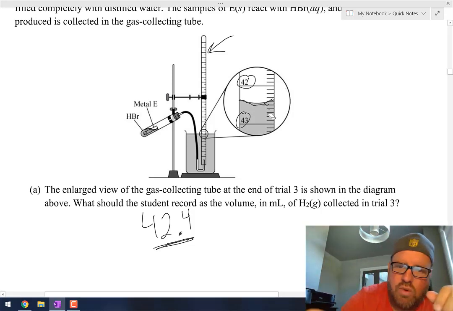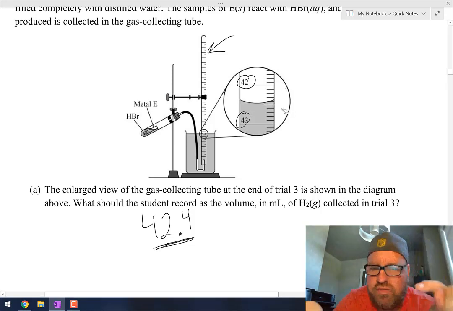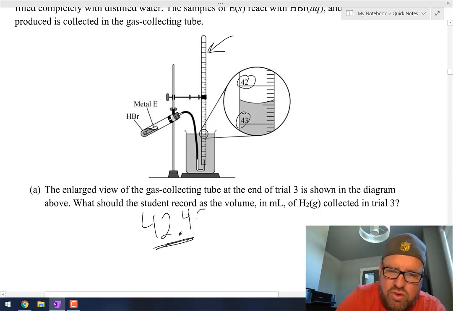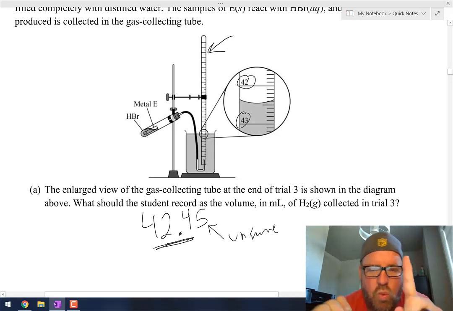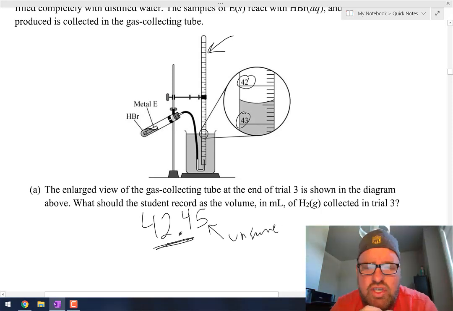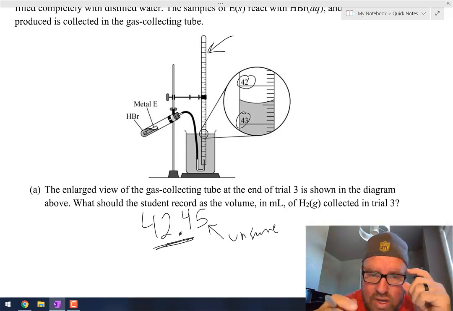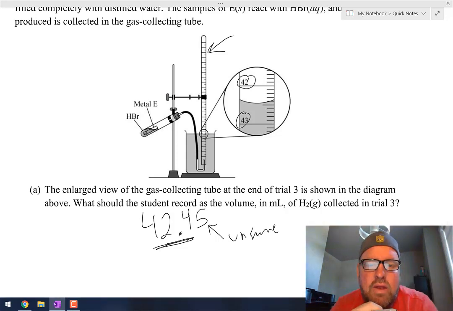So to me, we're right in between 42.4 and 42.5, which means I'm going to say 42.45. That's my unsure digit. You always have to put one unsure digit in there, based on the accuracy of that measuring tool.